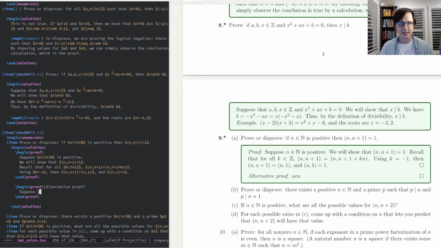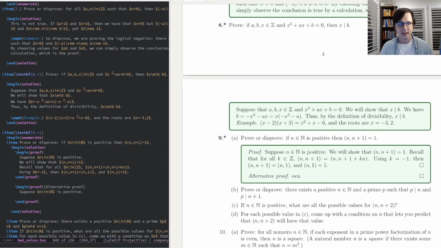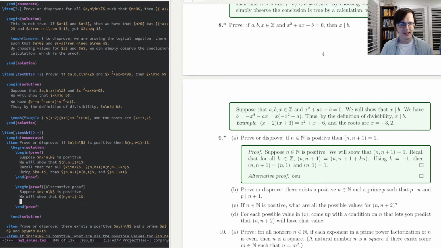So let's suppose n is positive. I will be as formal as before. Notice that minus 1 times n plus 1 times n plus 1 is equal to 1.